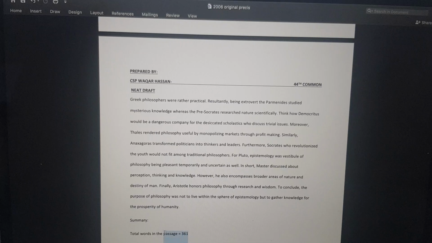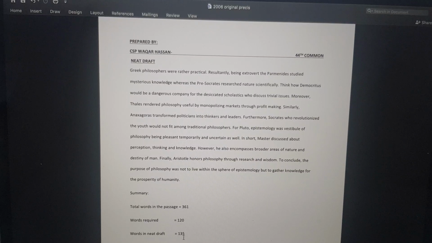Mention the total words in the original passage. Count each and every word in the original passage, and write down the total number of words here. After that, write down the required number of words. Like if the words are 361, we need 120 words in the précis.